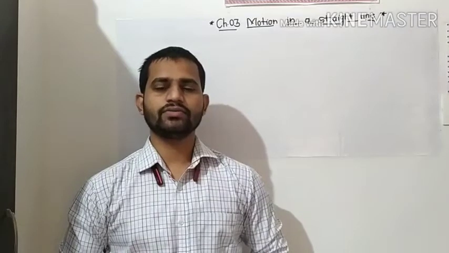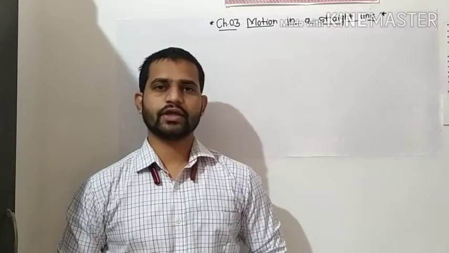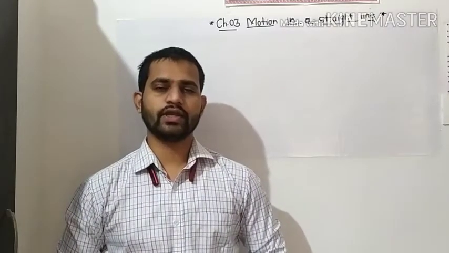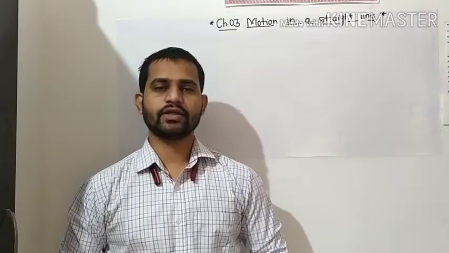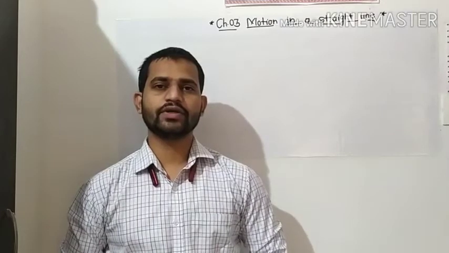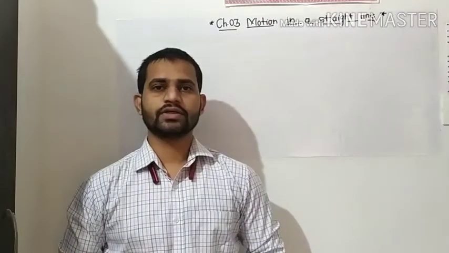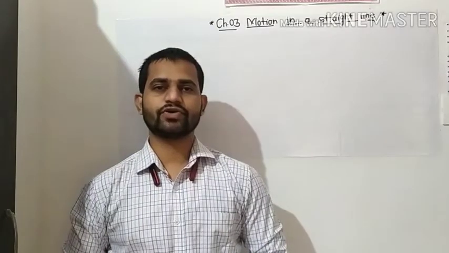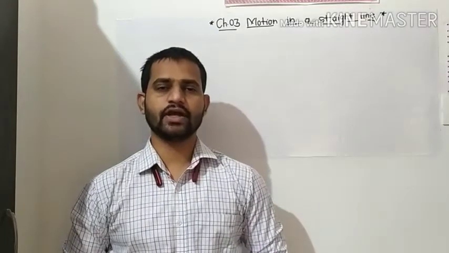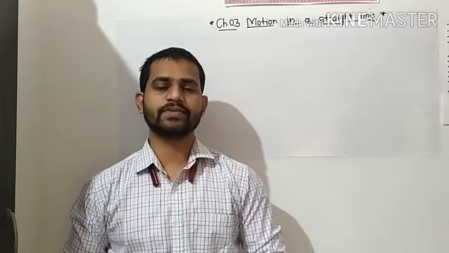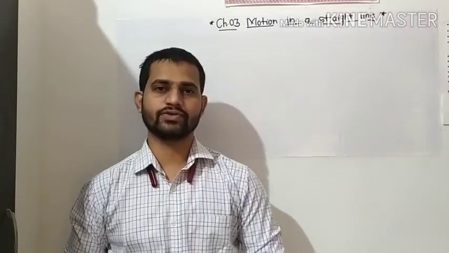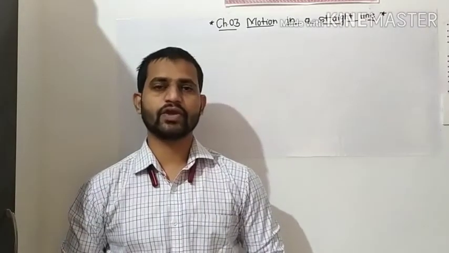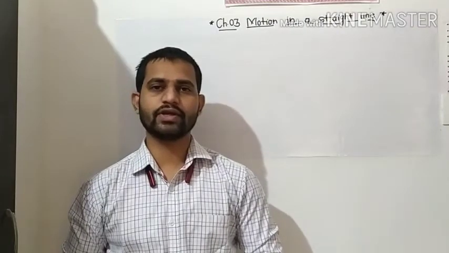Now if we consider it from a numerical point of view, if we have to calculate the distance or the speed of the minute hand of a clock from 6 p.m. to 6:45 p.m., then how can we calculate its speed and how can we calculate its velocity?